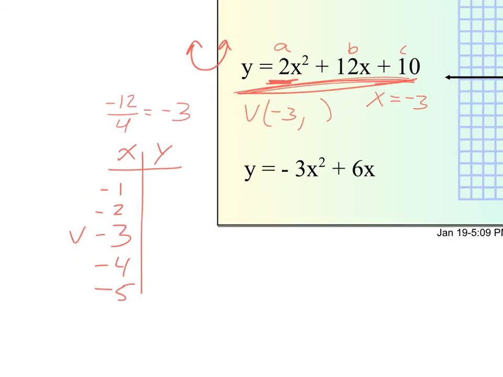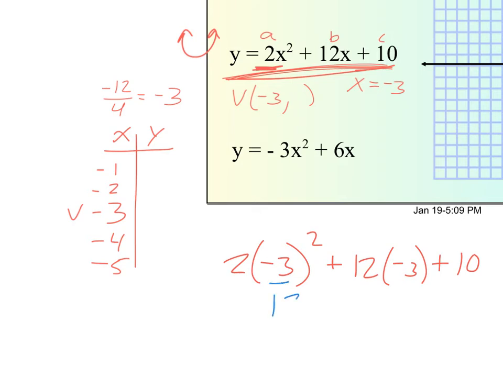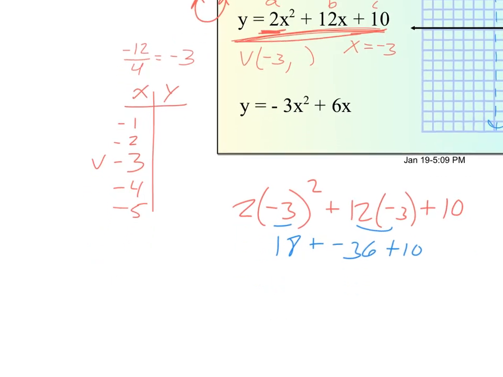I got to put -3 in, so let's see what happens when I put in -3. So 2 times (-3) squared, plus 12 times -3, plus 10. I got to put it back into the equation to find the y coordinate. Okay, let's see what I get here. -3 squared is 9, times 2 would be 18, plus, and then this part gives me negative 36, and then plus 10 still.